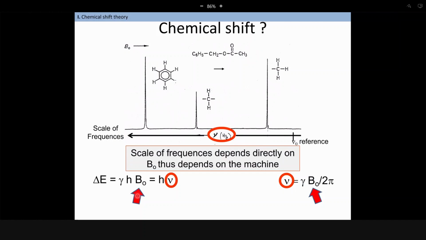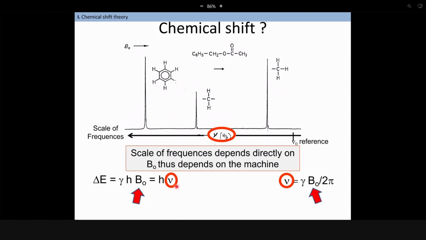I will need to specify what the value of B0 is because the frequency of resonance will be different. So if we stay with the frequency scale, it's very difficult to compare results between scientists because we don't work on the same machine everywhere.